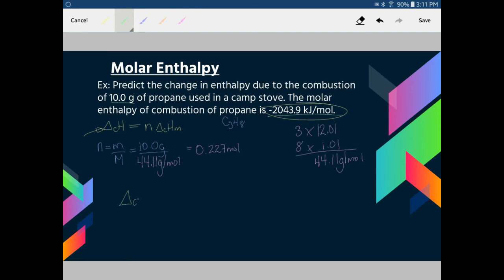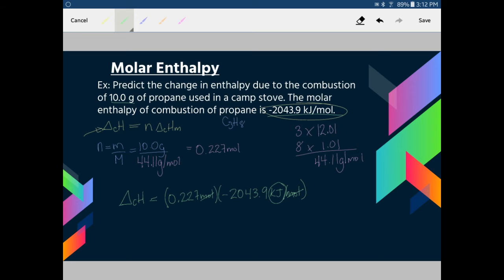So my enthalpy of combustion for this reaction is equal to my moles times my molar enthalpy, negative 2043.9 kilojoules per mole. So when I do my unit cancellation, I'll see that my moles will cancel out, and I'll get my answer as a result in kilojoules.